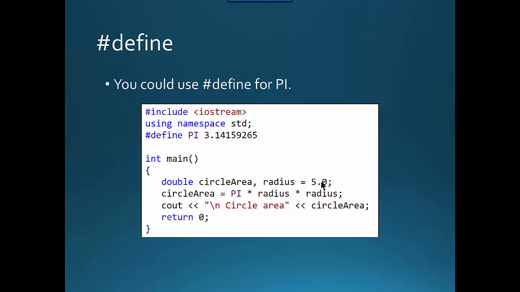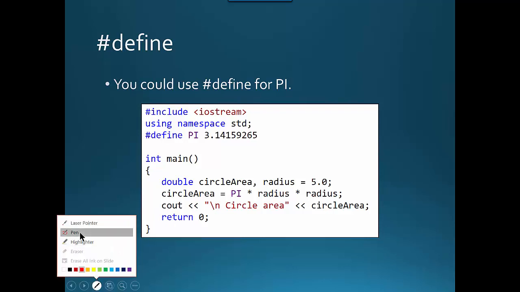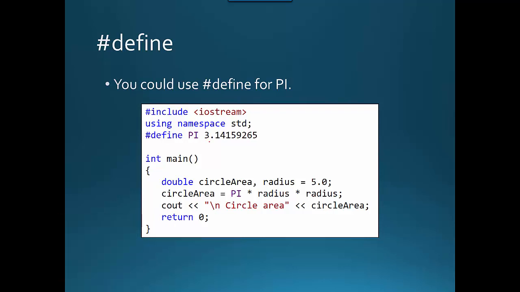Radius is being initialized to 5.0 in this declaration statement here. And the second line, we're saying circle area is going to equal PI, the compiler will take this number here and replace it where PI is located. So this number here is going to be placed right there.